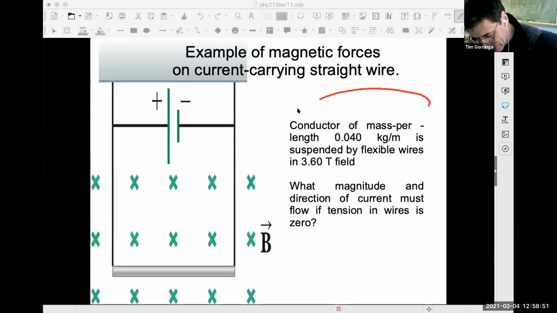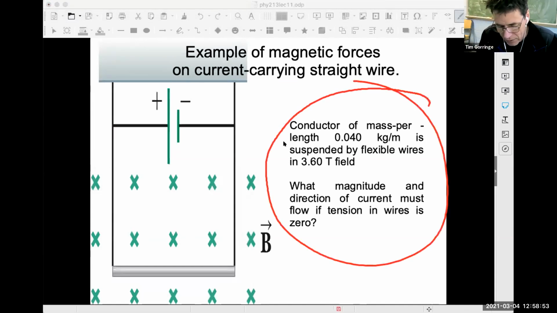So what does it say? It says we got a conductor that has a certain mass per unit length. So it's 0.04 kilograms per meter. So it's not telling us the number of kilograms of the conductor, but how many kilograms per meter. And it says that that conductor's hanging from a couple of wires.